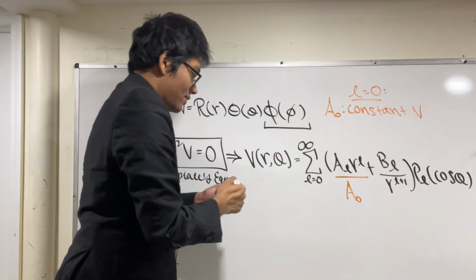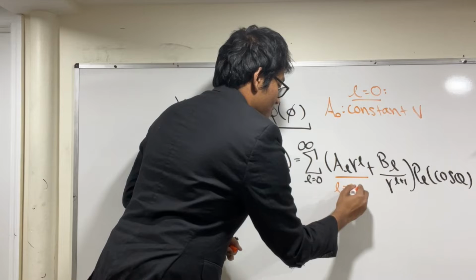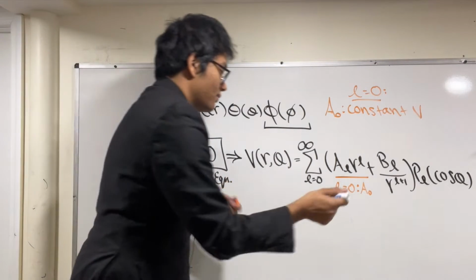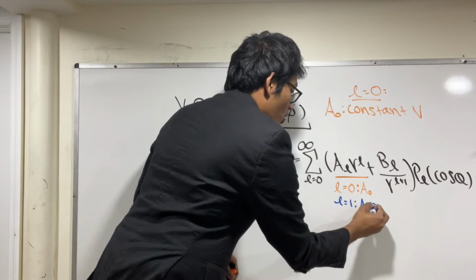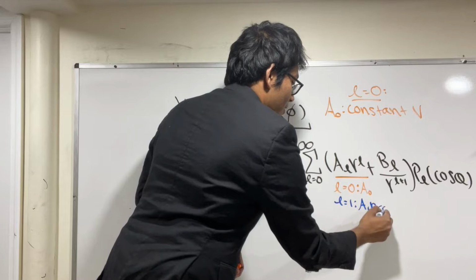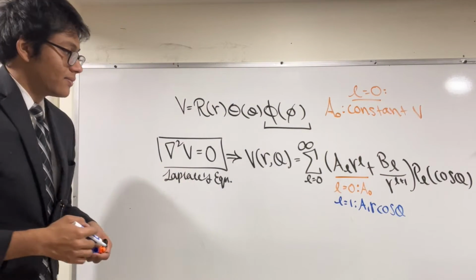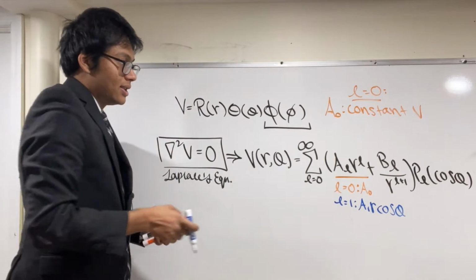Well, let's see. If l is equal to 0, we just have A naught. But if l is equal to 1, then we would have A sub 1 times r times cosine theta, since P sub 1 of cosine theta is cosine theta. Recall your Legendre polynomials from the previous episode.